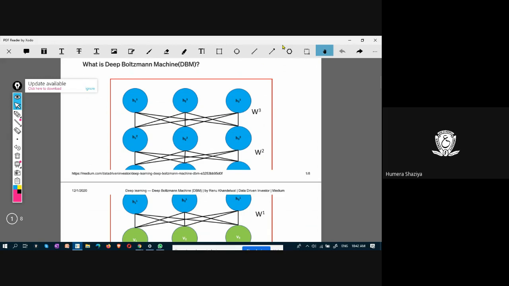You can have n number of hidden layers. This is hidden layer 1, hidden layer 2, hidden layer 3. Whenever you just increase the number of hidden layers, essentially it turns out to be DBM.